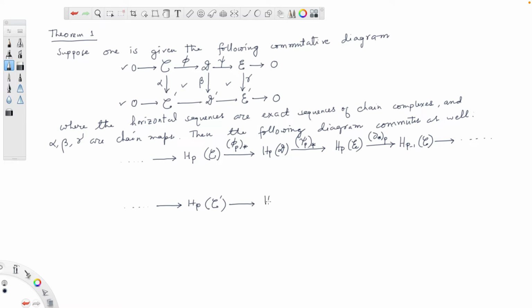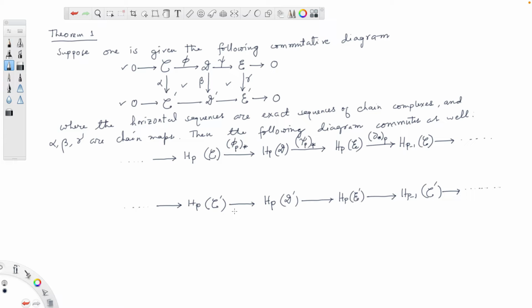And HP D prime to HP E prime, and then HP E prime to HP minus 1 C prime, and goes on to the right like this.